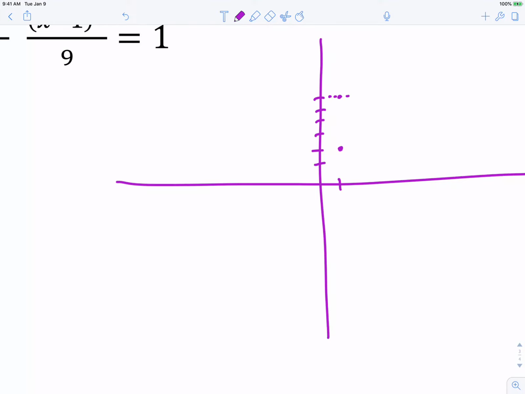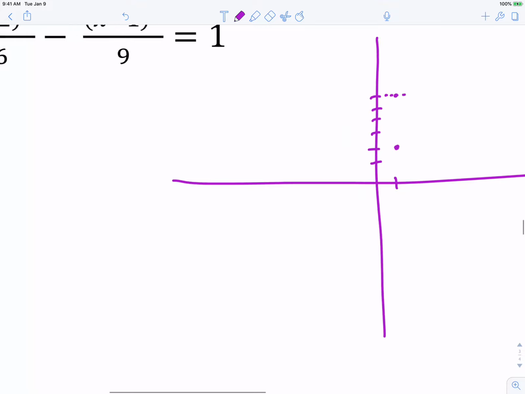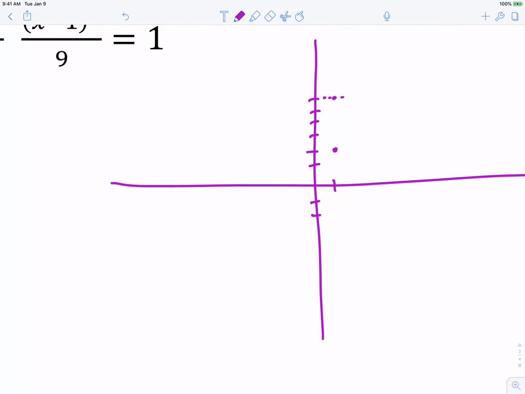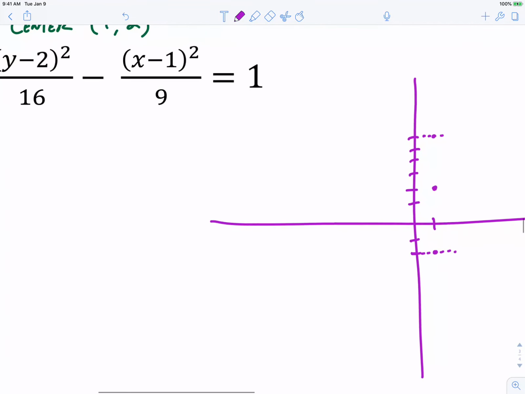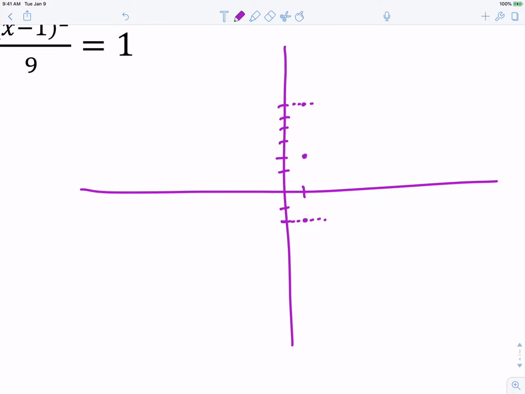And I'm going to start making the box. Go down 4 in the y direction, so I go down to negative 2. Got my vertex there. Got the start of my box. I go 3 in the x direction. So 1, 2, 3 over there. We got our box. And then 1, 2, 3 in that direction.